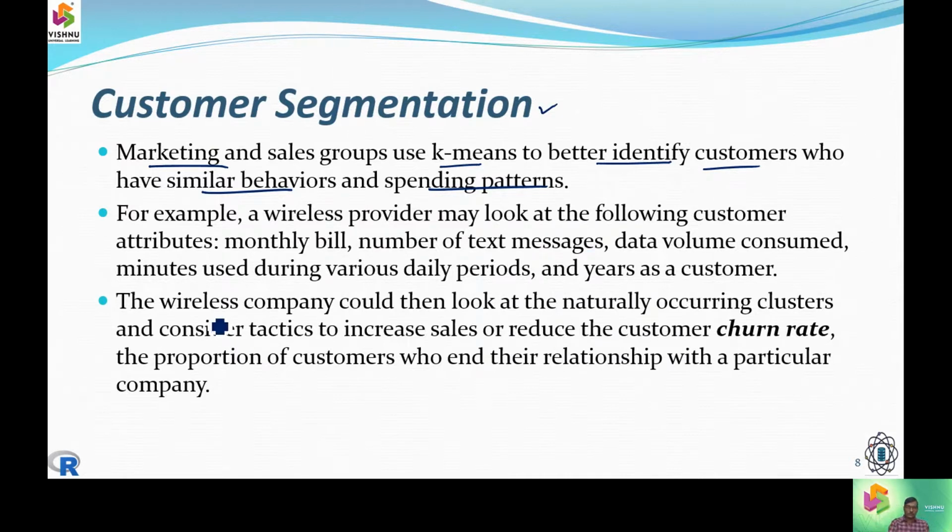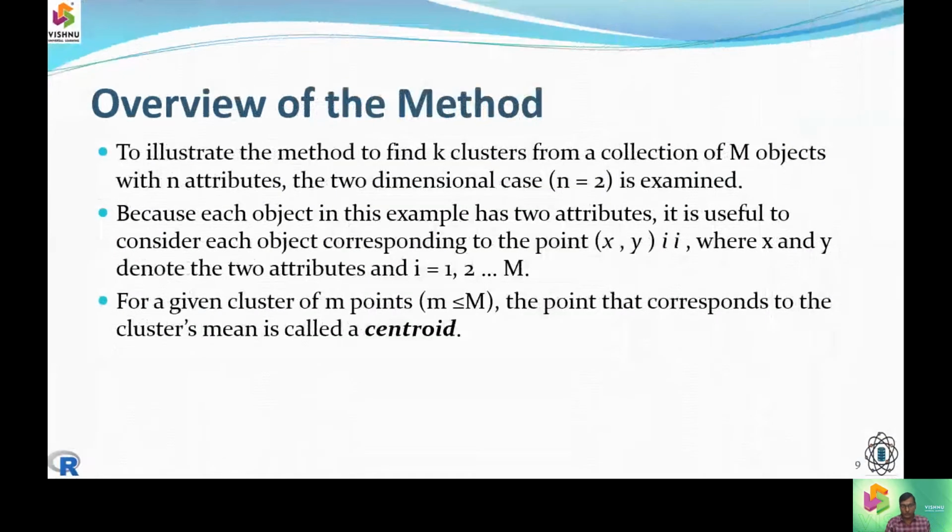Similarly, a wireless company identifies which customers will churn and which will stay with the operator or turn to another mobile operator. Who has churned is a group, and who has not churned is a group. In this way they classify or cluster the contents, and they do it with some attributes which are involved in it.